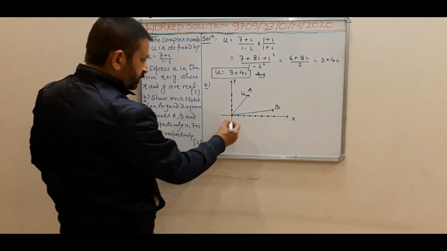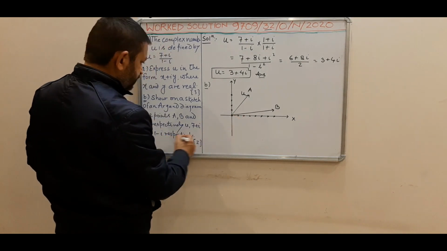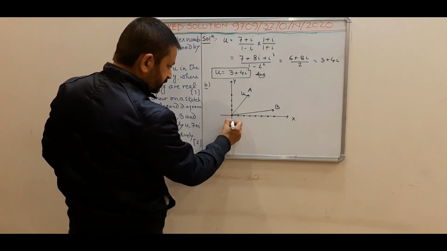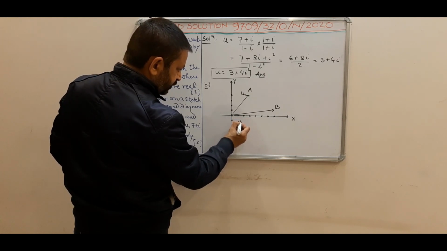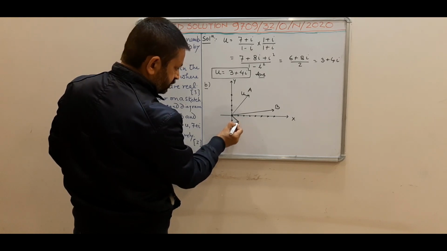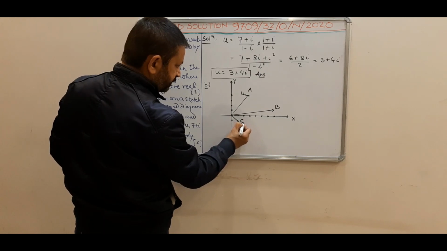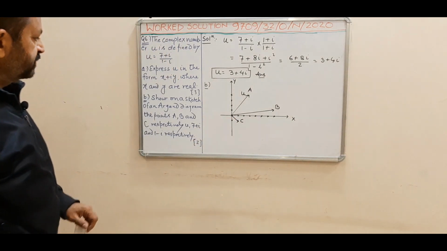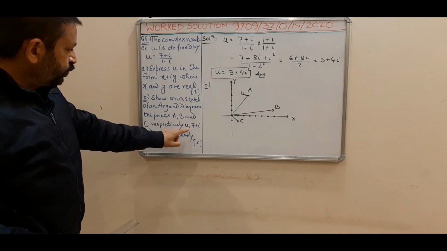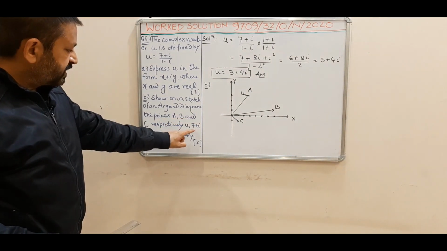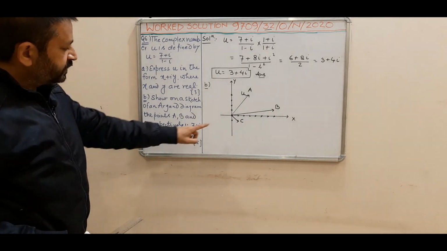So 1 is on the real axis and minus i on the imaginary axis. So somewhere here we can locate the third point. So this is point C. Right? This is B part, in which we have to locate A, B and C, that is u, which is 3 plus 4i, 7 plus i and 1 minus i. So this is part B.